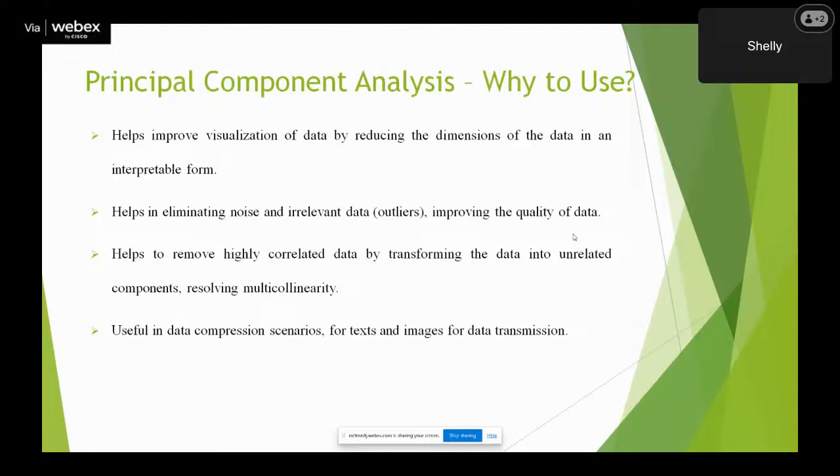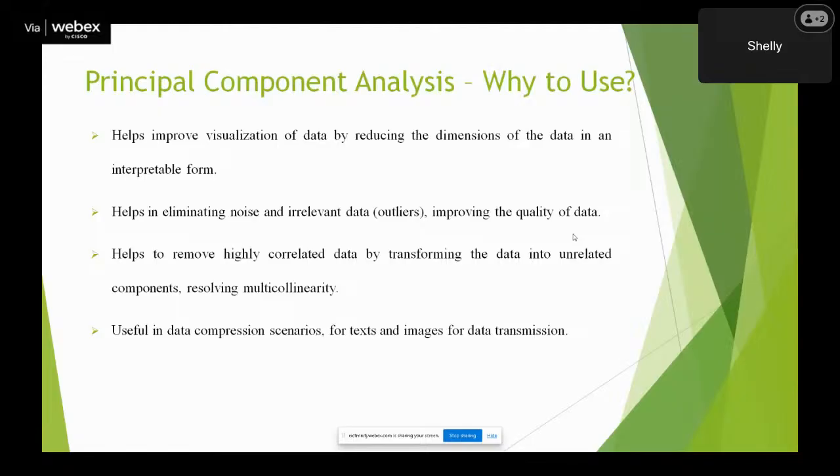And also, an example scenario for this is that it can be used for image data as well. So it's useful in data compression scenarios for text and images for data transmission. For example, what we usually see whenever we are sending an image on WhatsApp, sometimes we say, please do not send my image on WhatsApp. The quality usually deteriorates. So kindly either send me through an email or through another means.